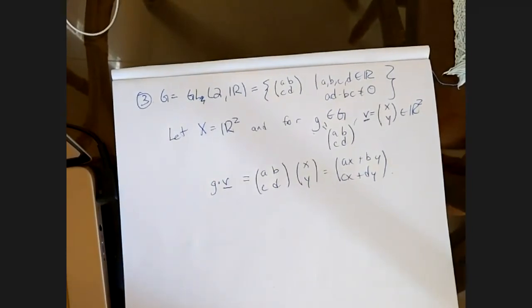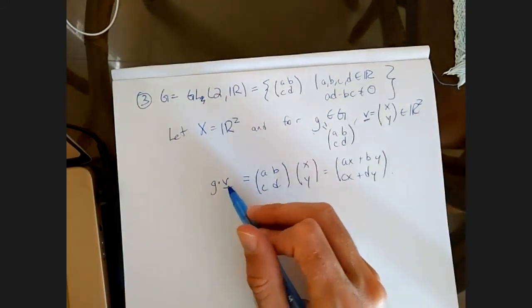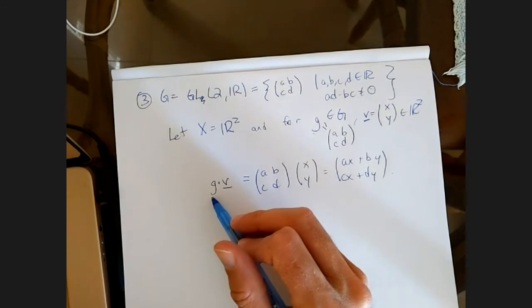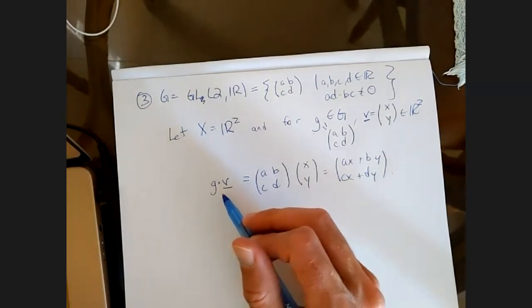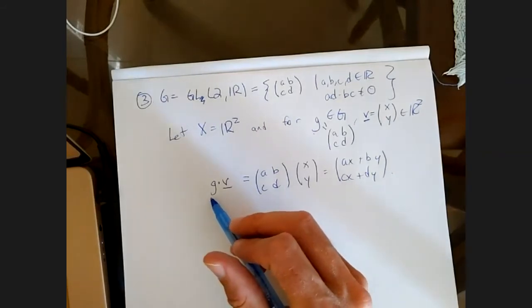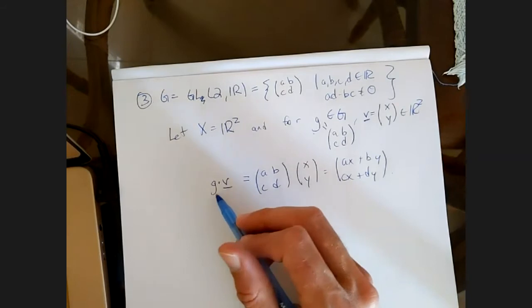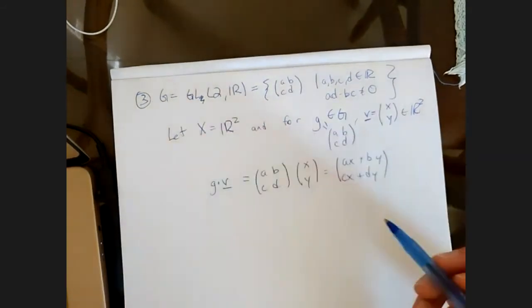Okay, so the key properties we want to take away from these examples is that when you let a group act on a set, we want to have some kind of associative property, and we want the identity element to just be the identity, give you the identity function.